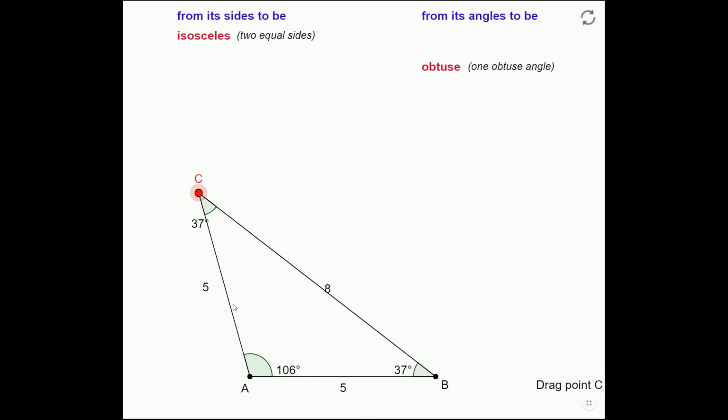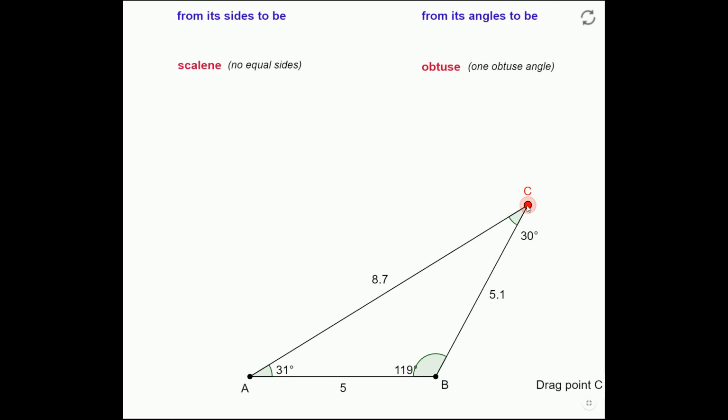It has a different length than the two legs. CB is the base of this isosceles triangle, and the two angles at the base are equal to 37 degrees each. And the angle at the main vertex, of course, has a different measure.